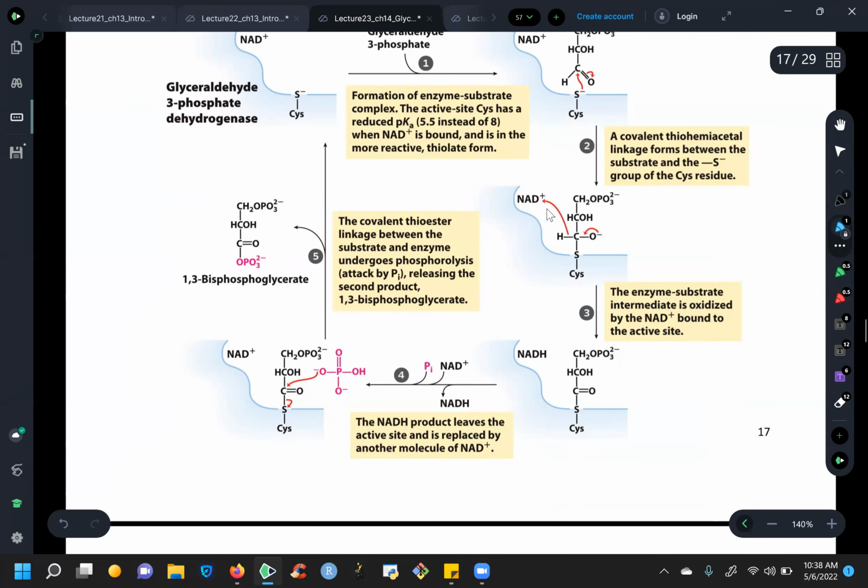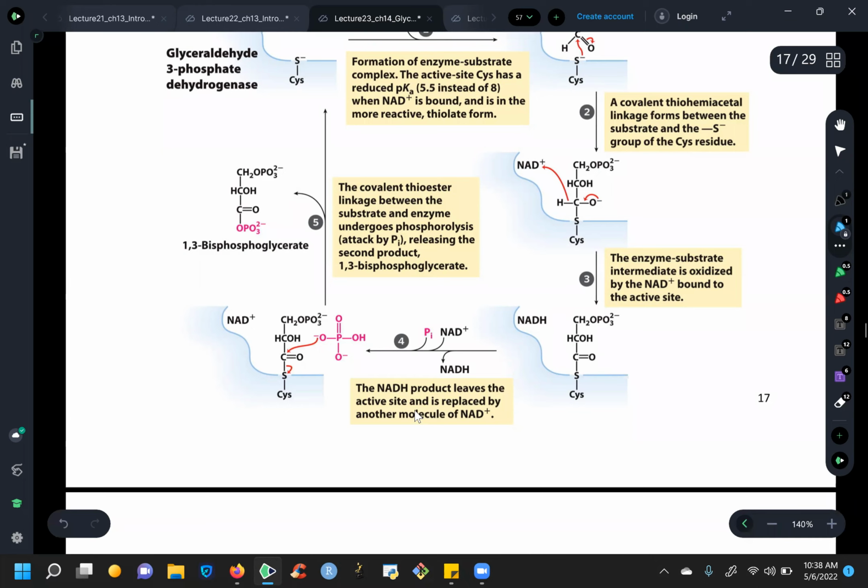You can see that this NAD plus wants to steal that hydrogen. The electrons move from here and then they go there, and so NADH. So it did steal that hydrogen, and now it can take off. And we already know that whenever a hydrogen is stolen from a carbon, you normally end up with a double bond in that location. And then the NADH product leaves the active site and is replaced by another molecule of NAD plus.